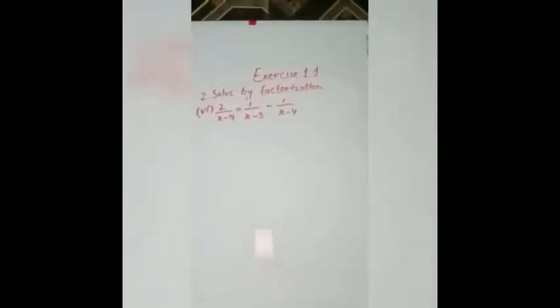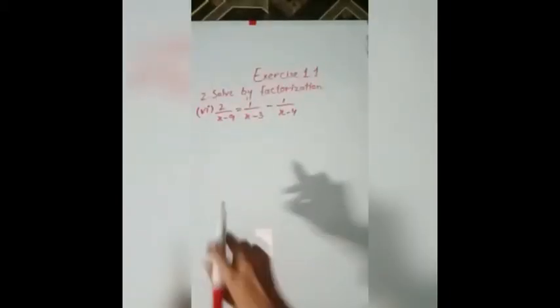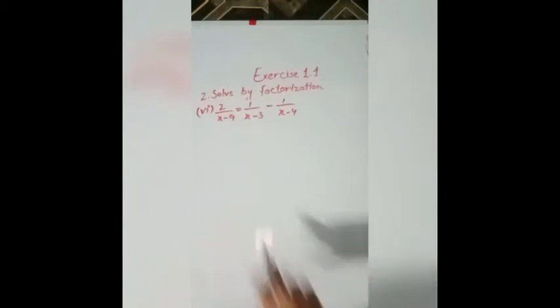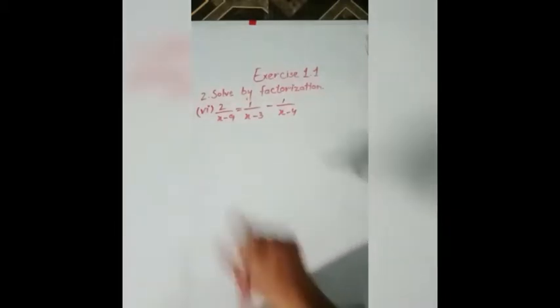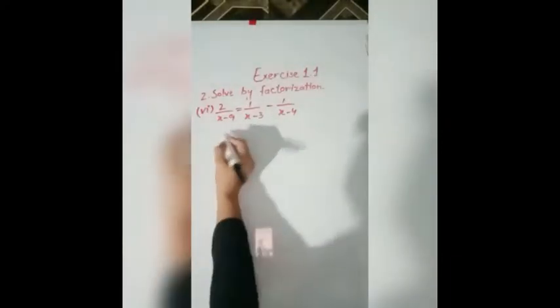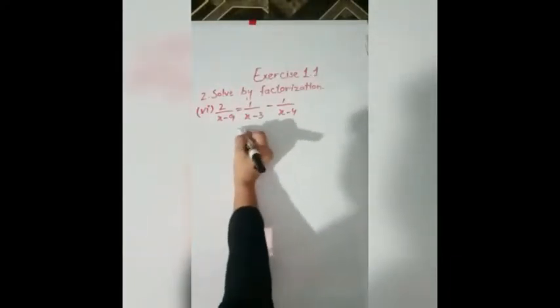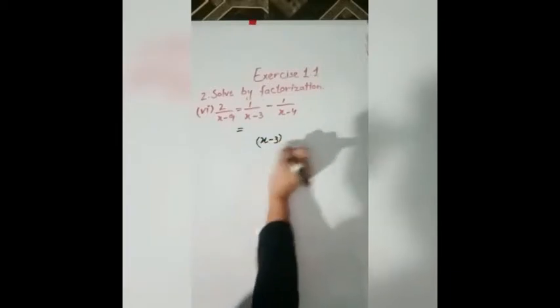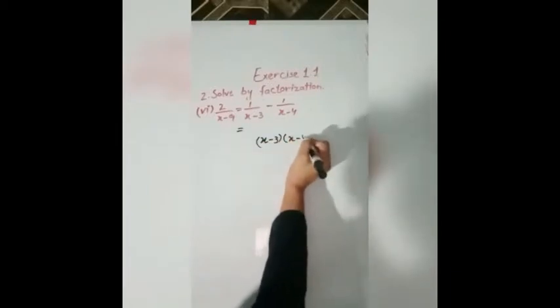Part 6 is 2 by x minus 9 is equal to 1 over x minus 3 minus 1 over x minus 4. First we have to simplify and convert it into standard form. So we take LCM x minus 3, x minus 4.